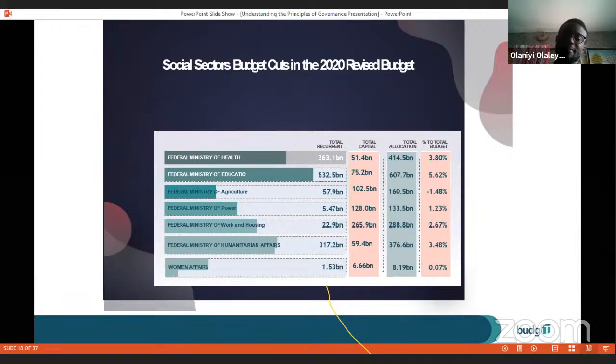Like I've explained, recurrent is money for salaries, overhead, and all of that. Capital is the total amount of money that will be used for capital projects that will benefit the people. So in the Ministry of Health, the rest will be spent in payment of salaries, buying of laptops, buying of utility vehicles, while 51 billion out of this money will be spent on construction or building of hospitals.